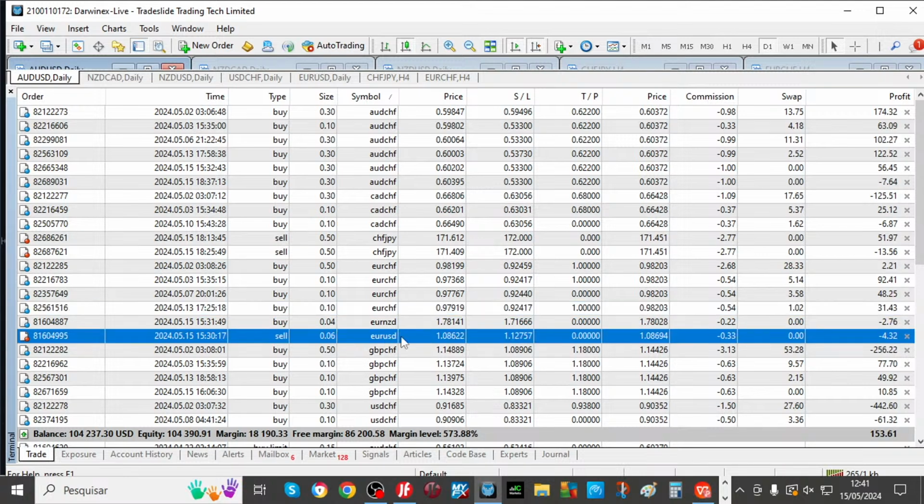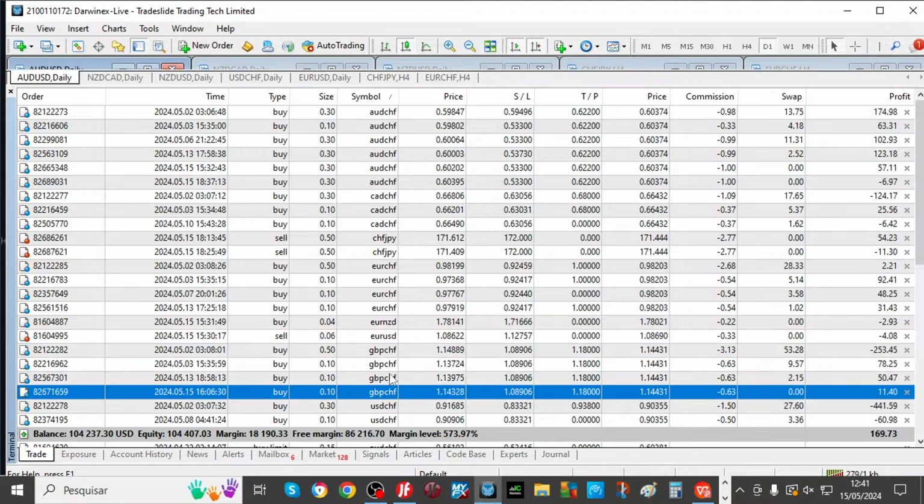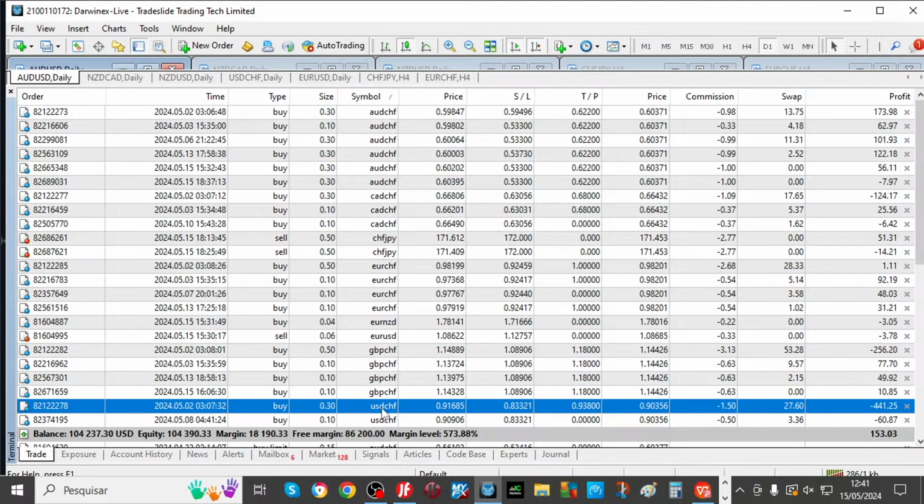I'm shorting euro dollar. And I'm buying GBP against the CHF, 4 positions. And lastly, USD CHF is losing because the dollar has been weak the last 2 to 3 weeks.